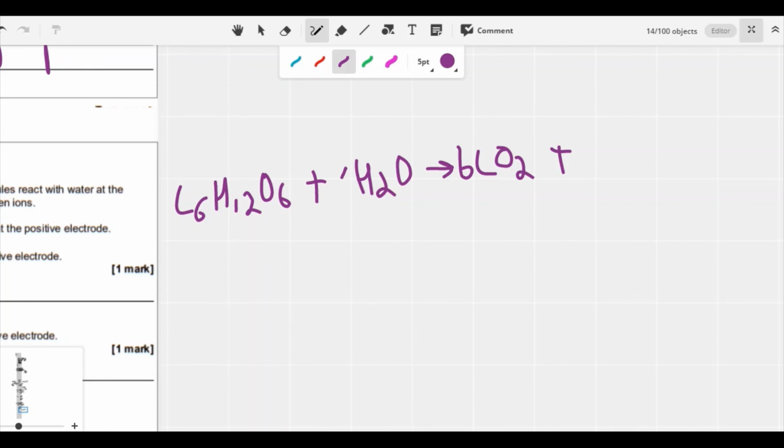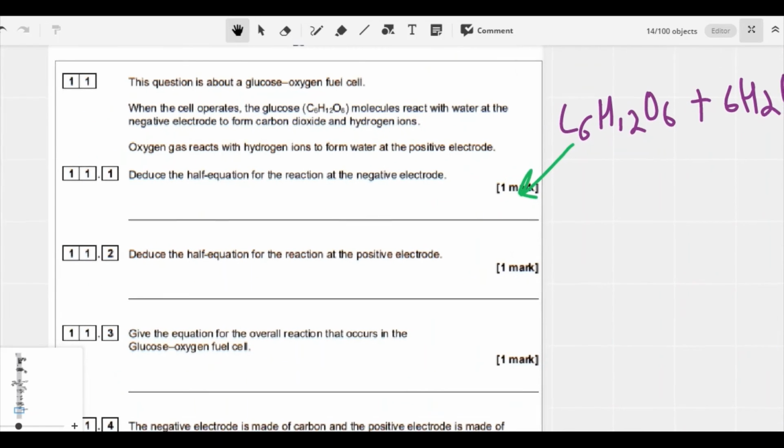There will be 6 hydrogens to here. Now how many are there? At the negative electrode you can see 12 and 12, a total of 24 hydrogens. So we have to add 24 protons. When 24 protons are evolved, there will be 24 electrons too. So that is the half equation at the negative electrode.